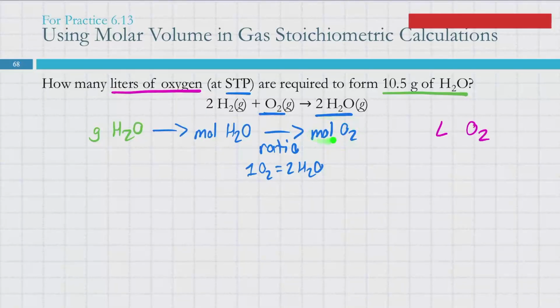And then from moles of O2, presumably we can get to liters of O2. That grams to moles, of course, we're going to be using molar mass. Any questions or confusions about our solution map? We'll talk about what that last arrow is when we get to it.